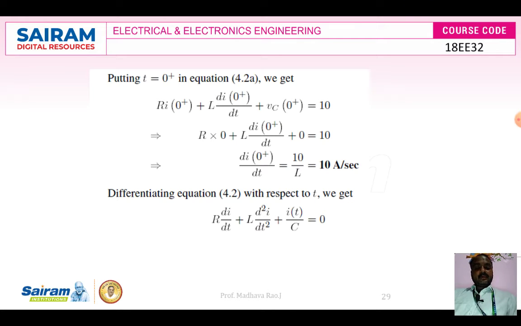Now putting t equal to 0 plus in the equation, wherever i is there, we just substitute i of 0 plus.